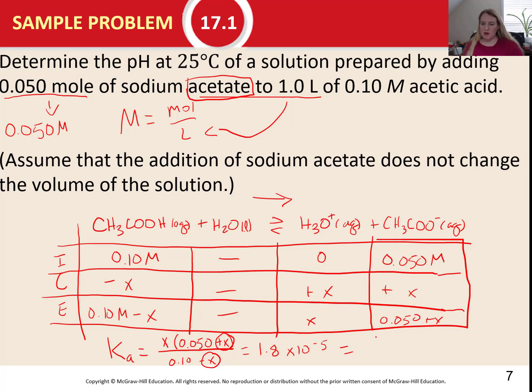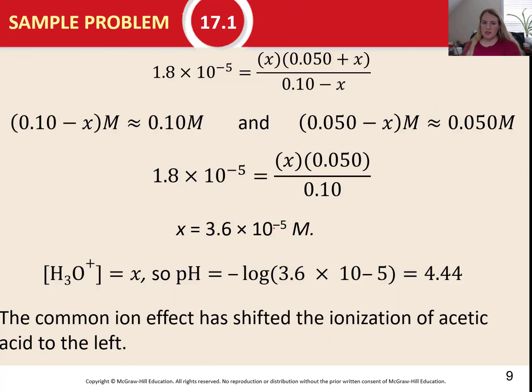So this would now become 0.050 times X on the top, and on the bottom just 0.10, and you can go ahead and solve it. So I'm going to go ahead for the speed of this and solve that, again assuming that X is small. We get X is 3.6 times 10 to the negative fifth. Since that is my concentration of hydronium ion, negative log of that will be pH. So here is my pH, 4.44.